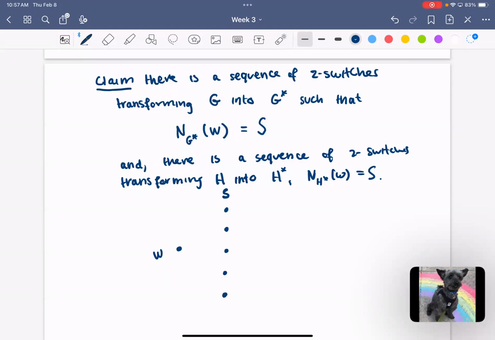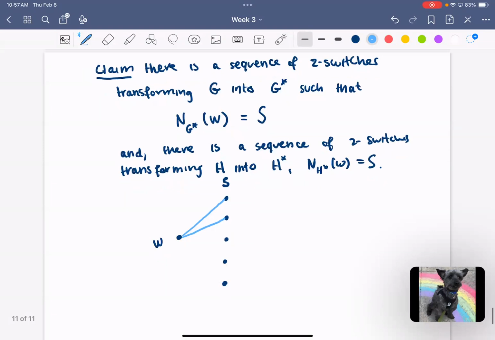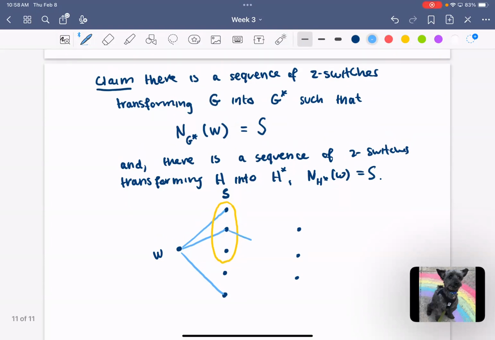W could have edges to some vertices of S, or to some things that lie outside of S. So let's say this is our set S, and W is connected maybe to some other vertex over here, and possibly also to vertices over here that are not W or in S. So we might have something like that.